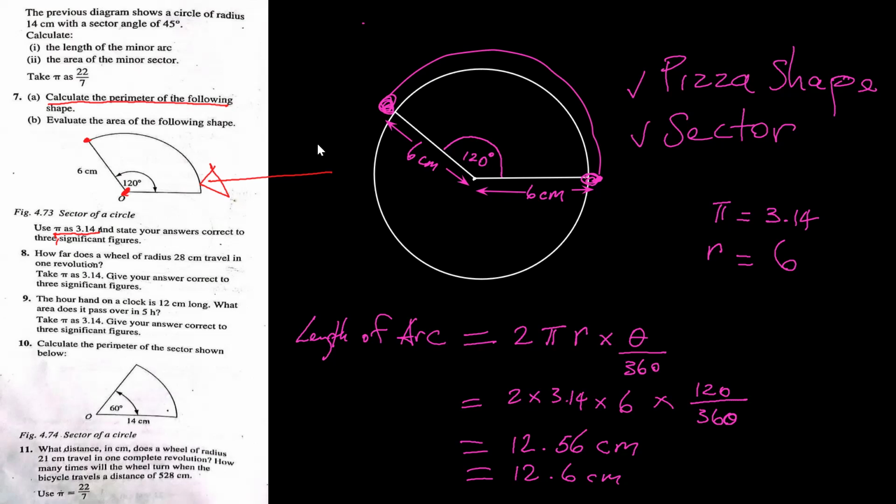Okay, sir. 120 divided by 360, equal. You have that? Yes, sir. Multiply by 6. Multiply by 2. Multiply by 3.14. Now equal.